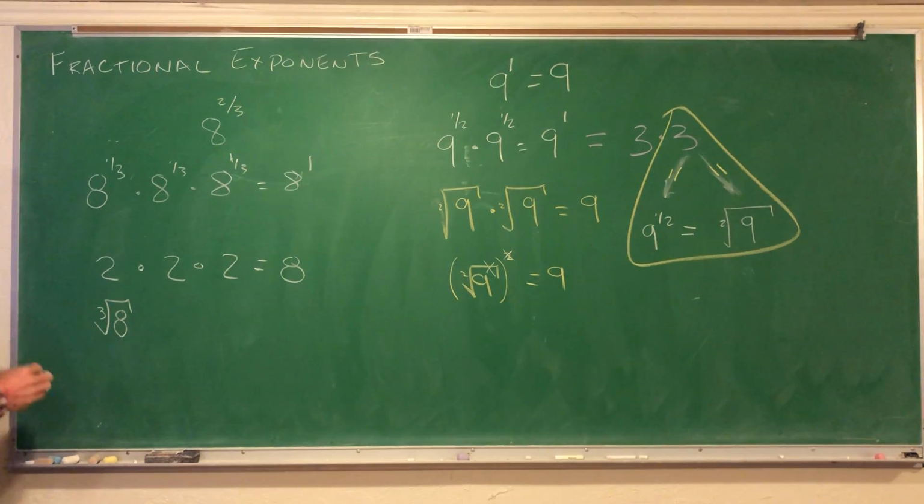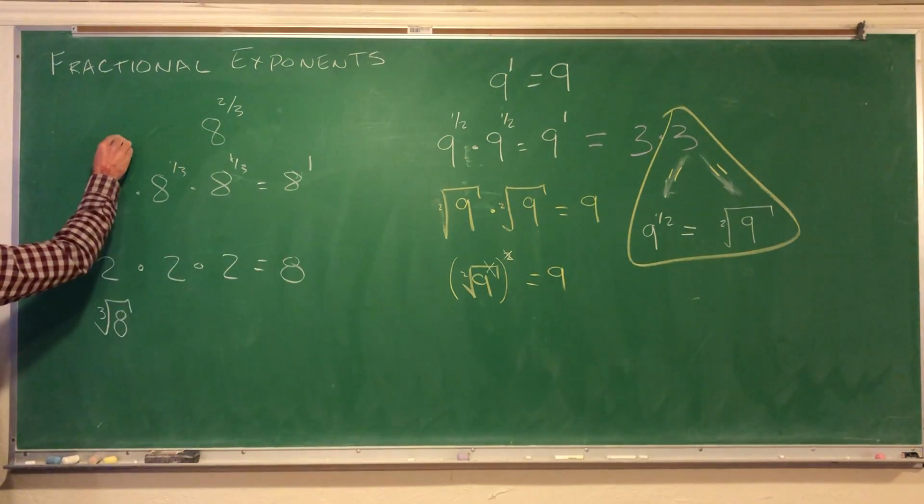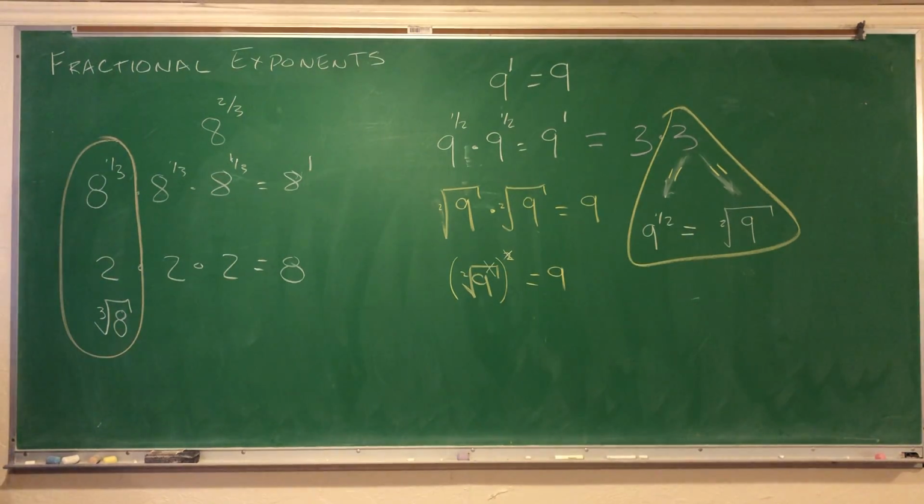So just like there with the 9 to the 1/2 or the square root of 9, these three are equivalent to each other. 8 to the 1/3 is the same as 2, is the same as the cube root. That's what a fractional exponent is.